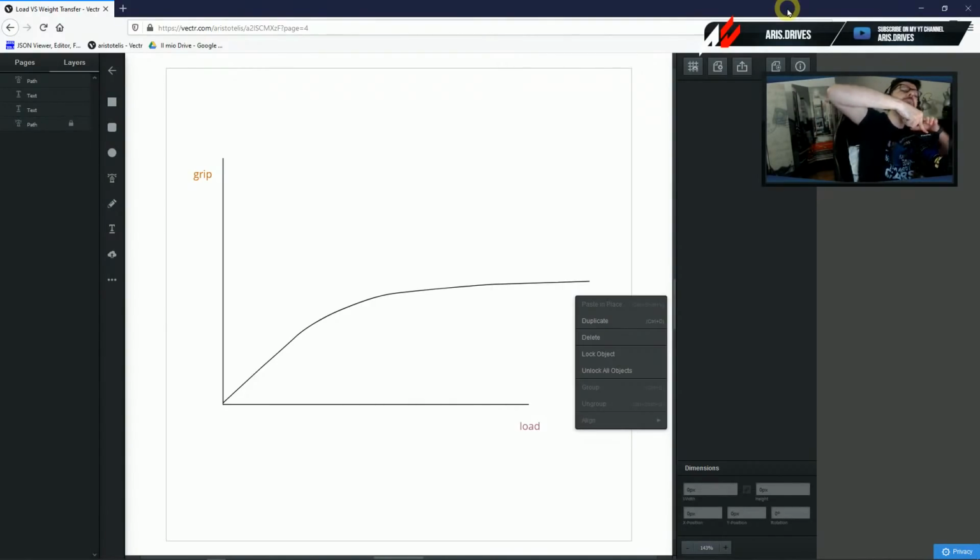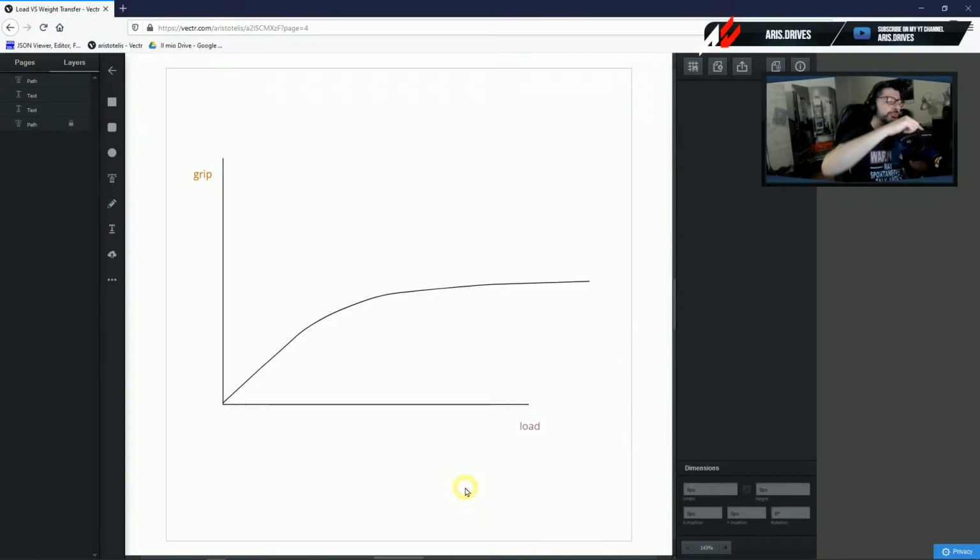Now if you keep pushing as hard as you can, obviously don't break your finger, but push your finger into the surface as hard as you can, and you will notice that you can still slide your finger around. There is no way that you can push hard enough to not be able to slide your finger around.